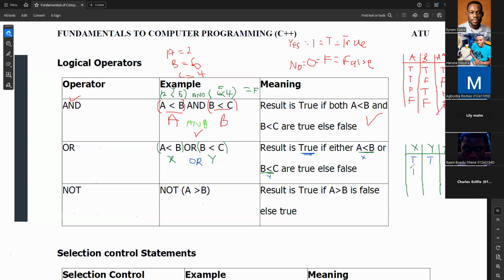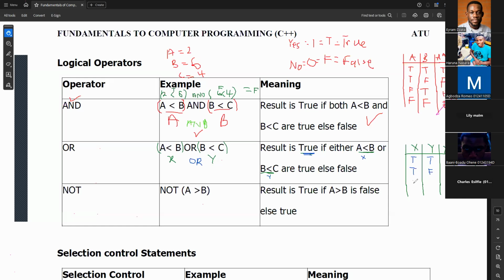Now, if our X is true and our Y is false, it is true because it says what? Either X or Y has to be true. So it is still true.